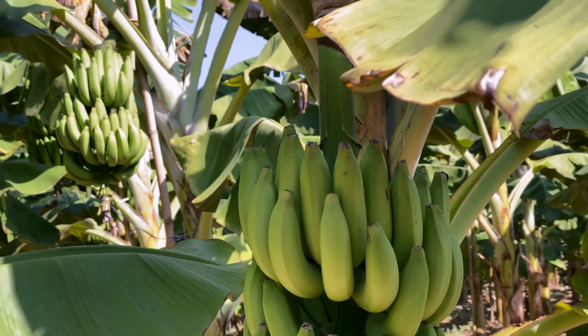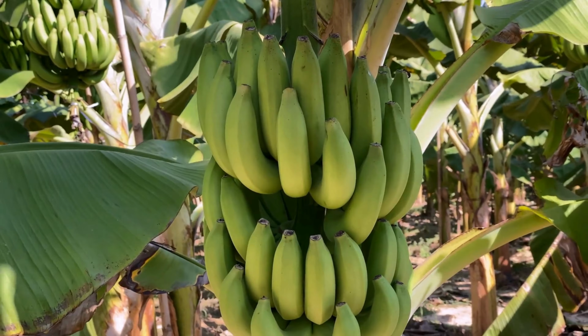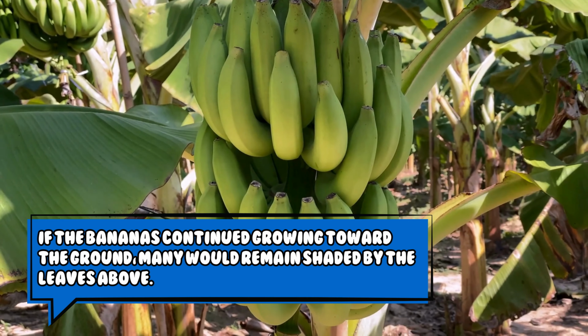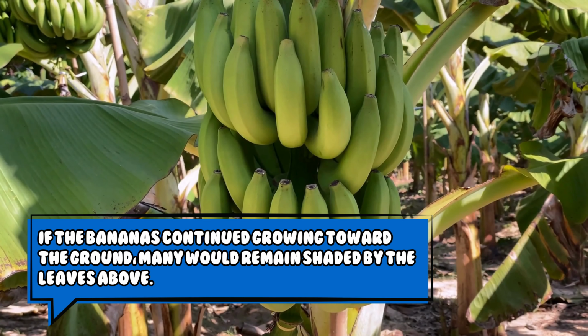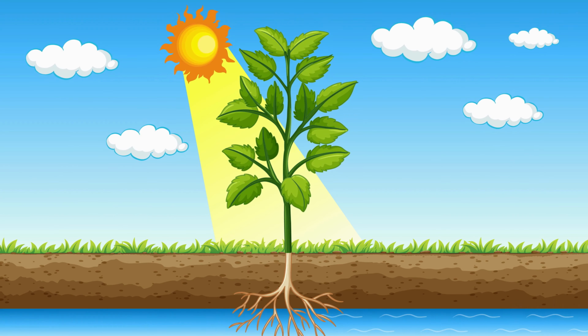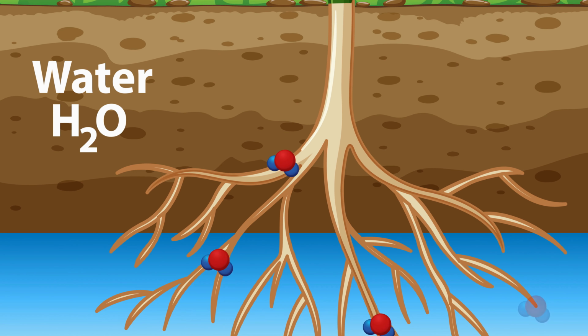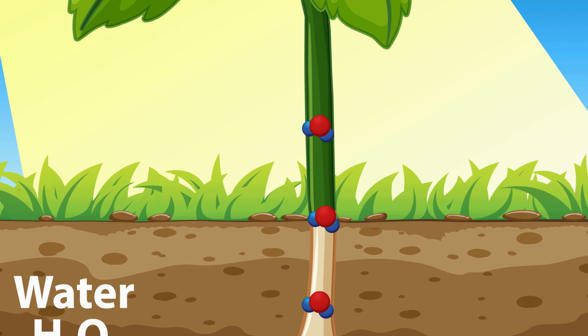Remember, the entire bunch hangs downward beneath the plant's massive leaves. If the bananas continued growing toward the ground, many would remain shaded by the leaves above. That's bad news. Sunlight powers photosynthesis in the plant, providing the energy needed for the developing fruit.